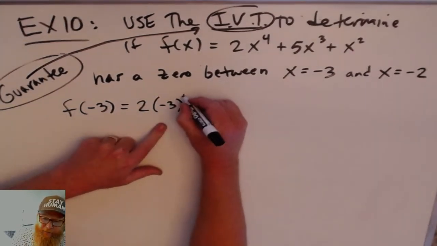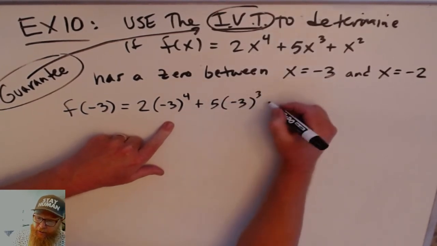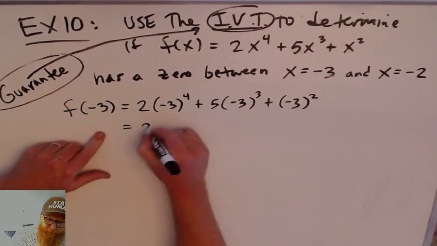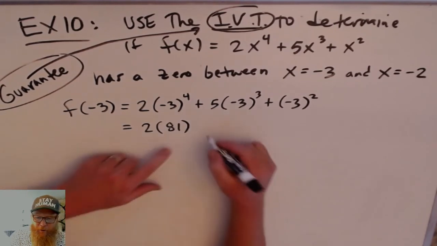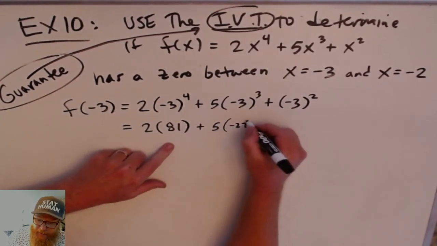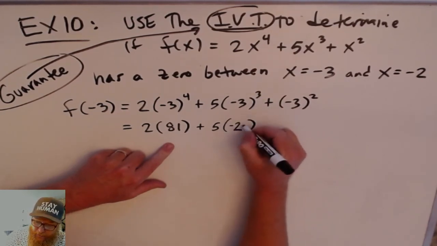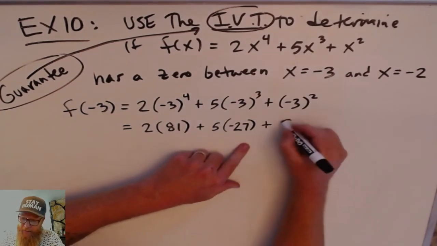f of -3 is 2 times -3 to the 4th plus 5 times -3 to the 3rd plus -3 squared. That'll be 2 times 81, -3 to the 4th, plus 5 times -27, -3 cubed, plus 9.